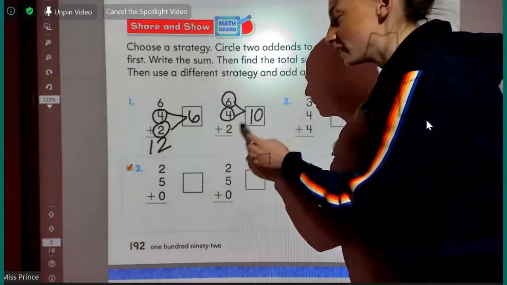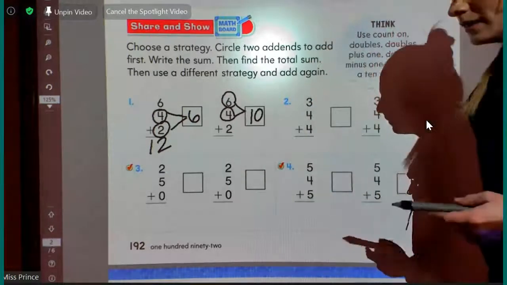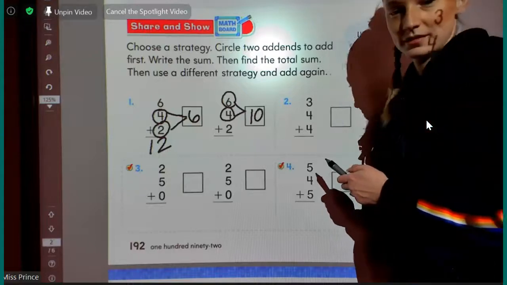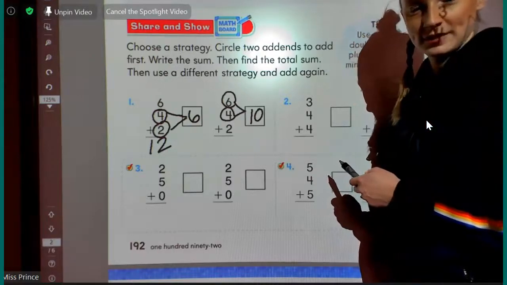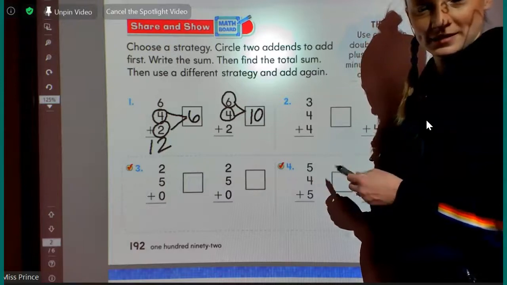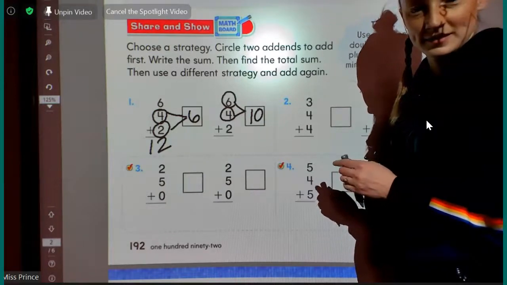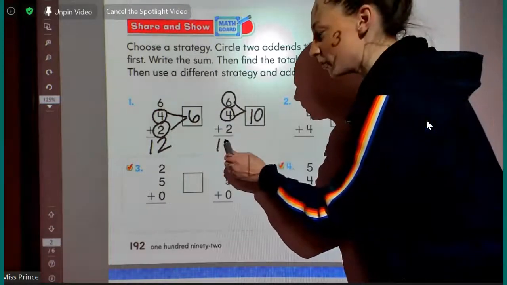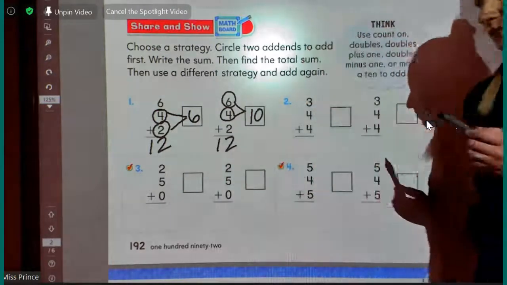Can we do 10 plus 2 super quick? What does that equal? It equals 12. Look, we got the same answer both times.